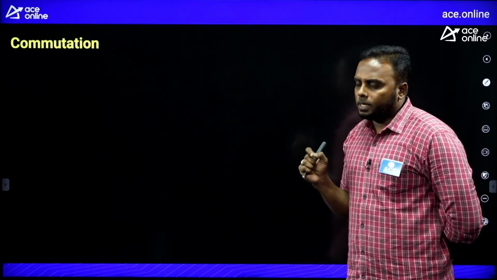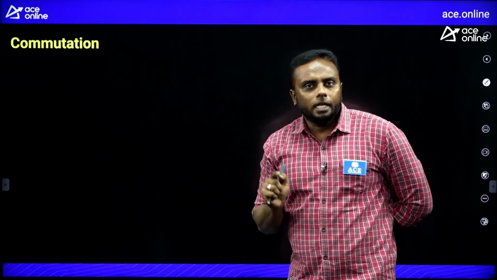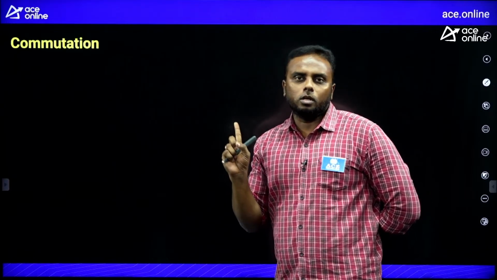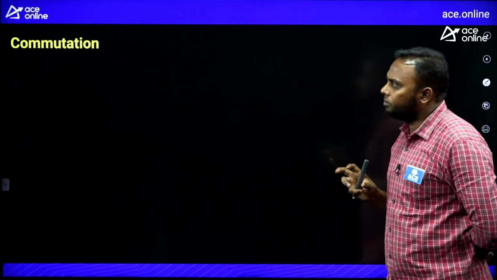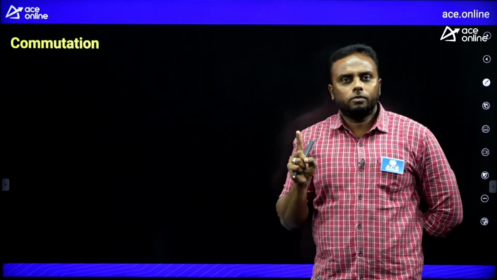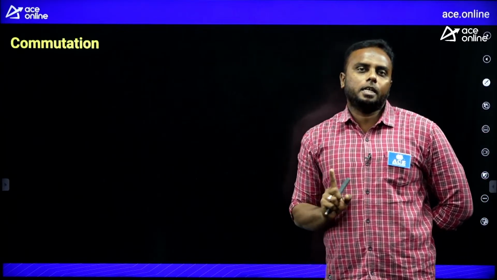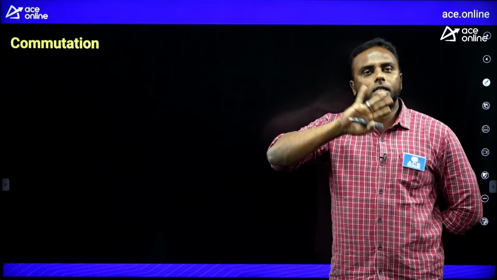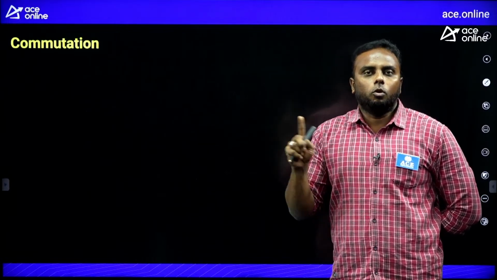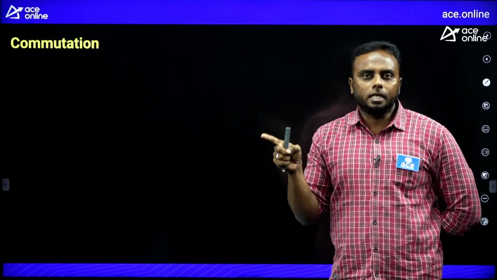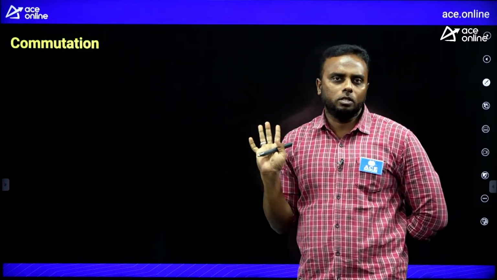And one more method, brush shifting. In which direction do we have to shift the brush to improve commutation? In the direction of generator rotation for a generator, or opposite to the direction of rotation for a motor. For a motor say opposite; for a generator, the same direction.